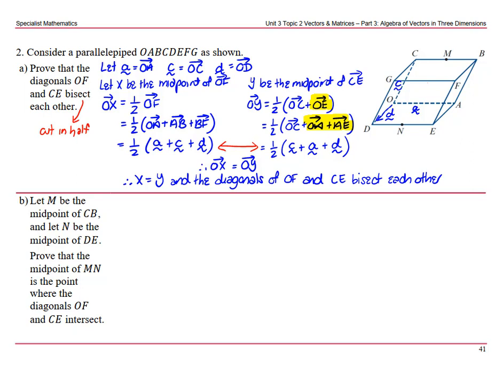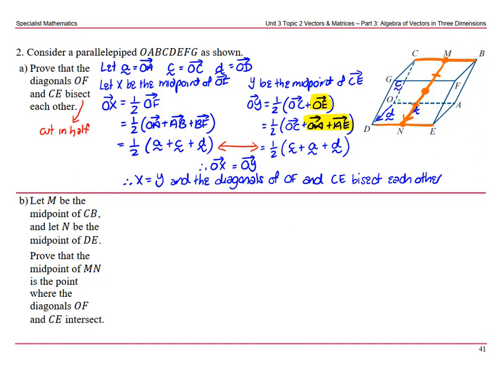So CB is here, and you can see that midpoint M. And DE is here, and you can see that midpoint N. So we're trying to prove that the midpoint of MN, so this is MN, so the midpoint of that, say that's there, is where the diagonals OF and CE intersect.